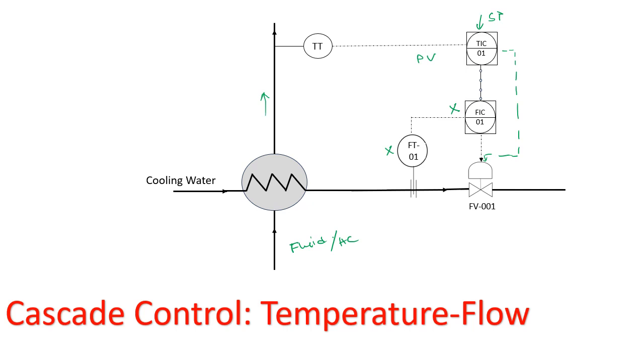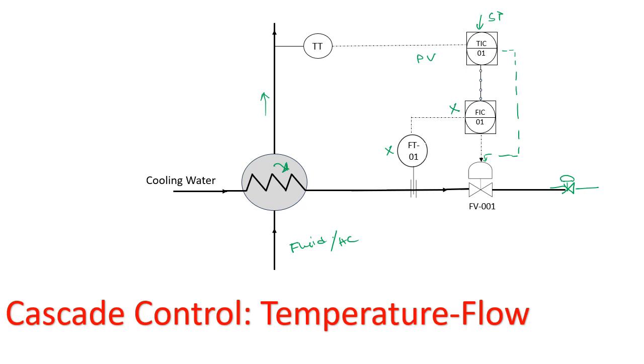And this is how the temperature is maintained. But what happens if there is some restriction here, or some valve here that gets closed, or the line gets choked, or something happens, right? Then the cooling water flow gets stopped or restricted, right?